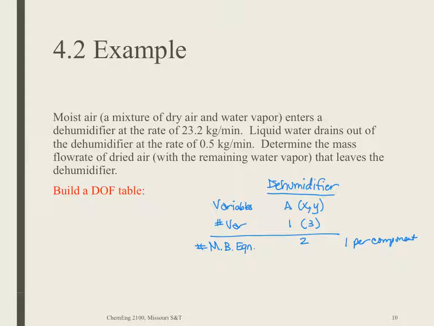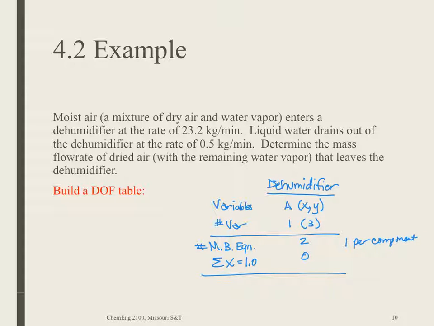Now I could also write a total material balance, which is what I'll be using in this case, but that's going to be redundant. It's extra information. Then sometimes I have a sum of X equals 1 equation. In this case, I've already written those out, so I don't have any of those to solve for.